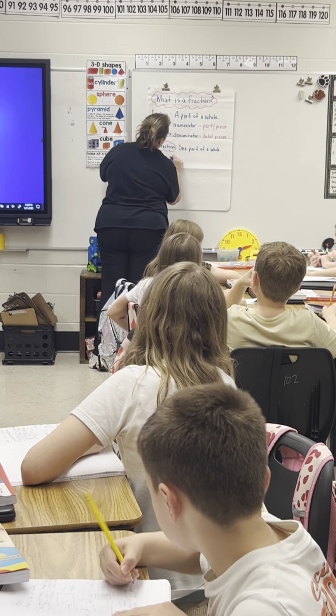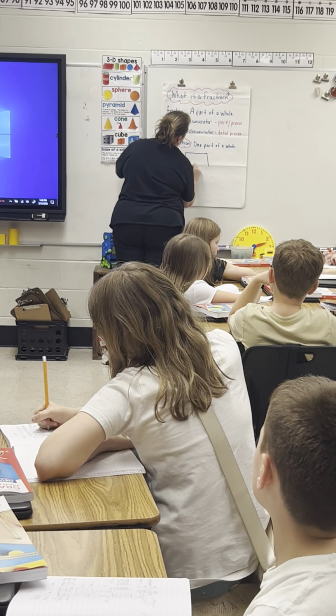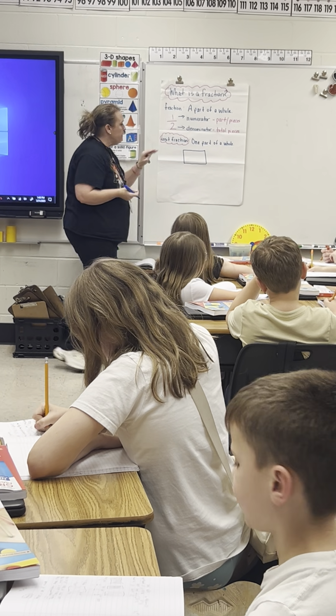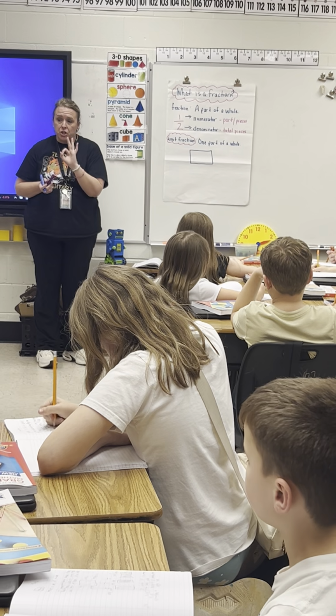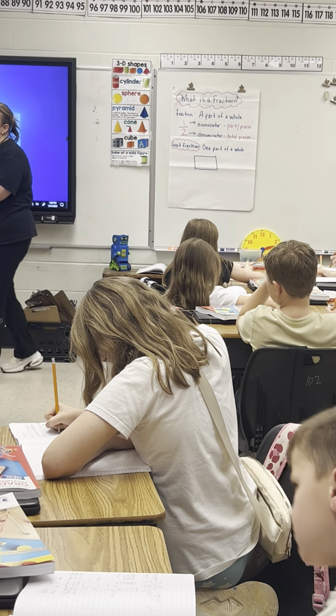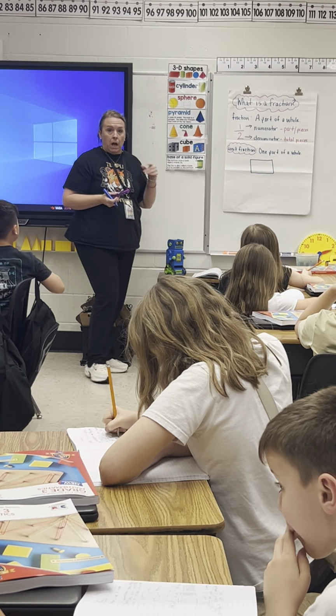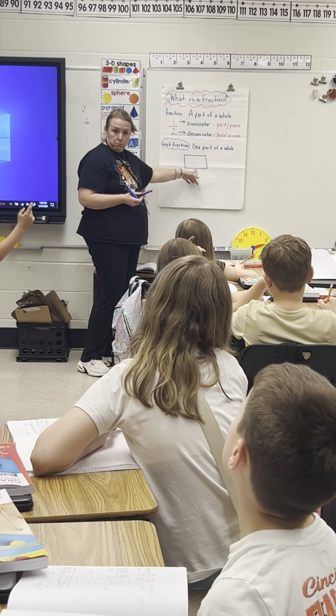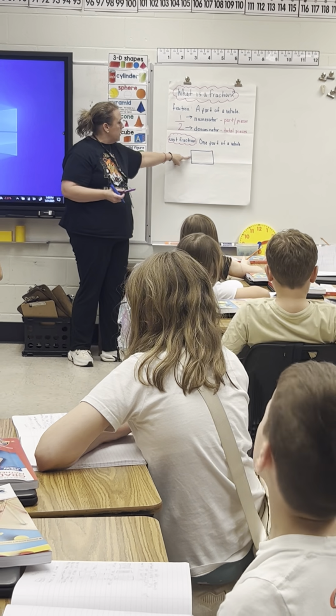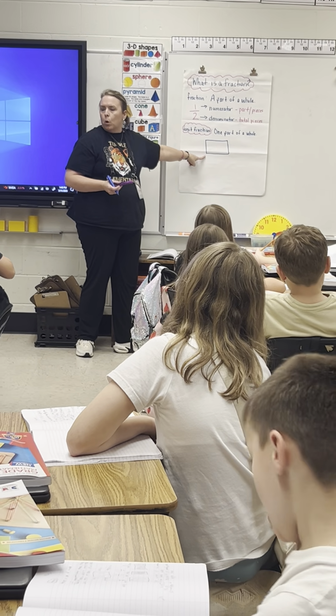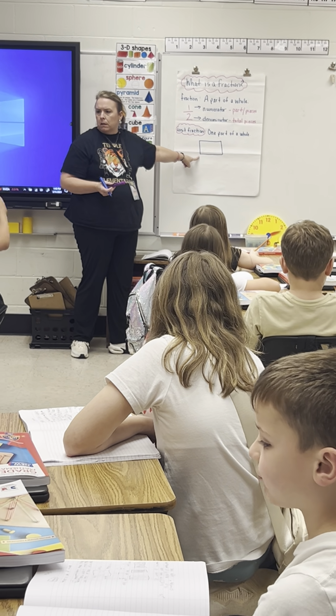Alright, now let's look at this with a model. If I wanted to cut or partition that rectangle into 2 parts, what would I do? Cut it in the middle. Can I draw the line this way? Yes. What about this way? Yes. What about diagonal? No. Why? Because it's a rectangle.